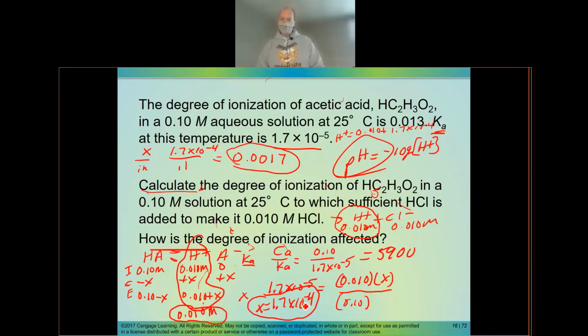And so the pH is not the negative log of 1.7 times 10 to the minus 4. It is the negative log of 0.010. The pH here is 2.00. All right, so your H plus concentration did not change. That is the same pH as you would get if you calculated the pH of 0.01 molar HCl.